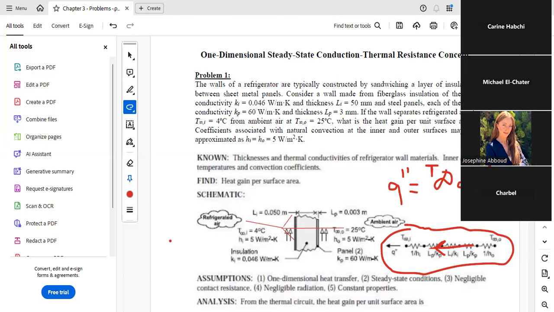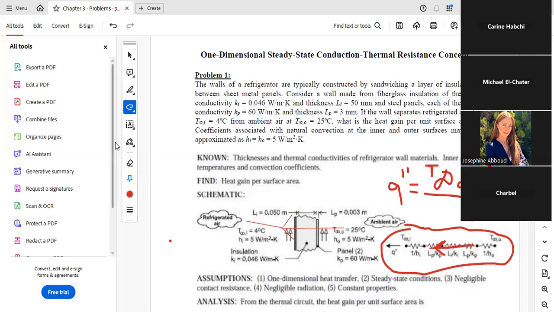And once we do this, what is the next step? Now, what can we calculate? The temperature in any point we want. Very good. We can now calculate the temperature at any point of interest.